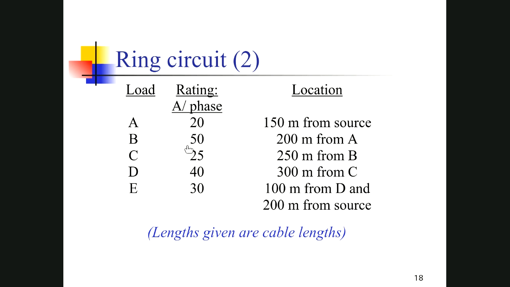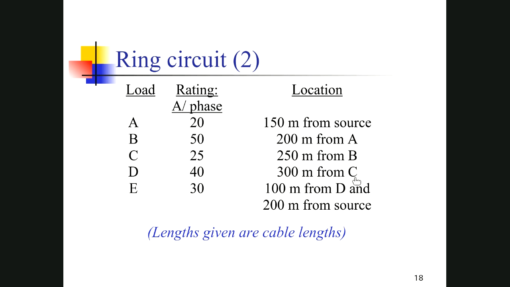Load B with a rating current 50 amperes, located 200 meters away from load A. Load C, rating current 25 amperes, located 250 meters away from load B. And load D, rating current 40 amperes, located 300 meters away from load C.